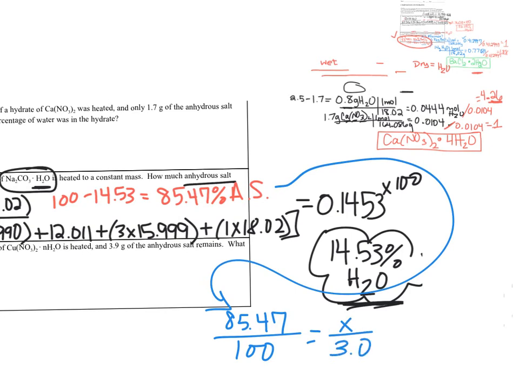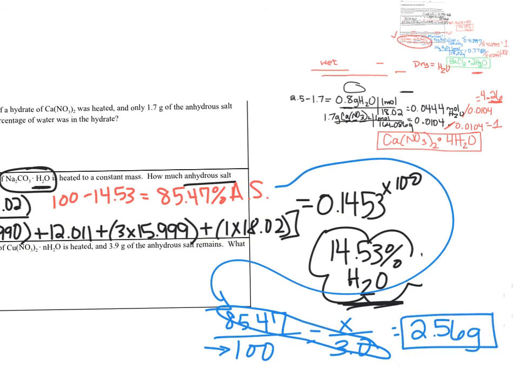So you set up a proportion. You can do cross multiplication. So you multiply these two, and you'll divide by the 100. So we'll take 3 times 85.47 divided by 100, and we would get 2.56 grams as our answer. Okay, so that's how to do number 5.